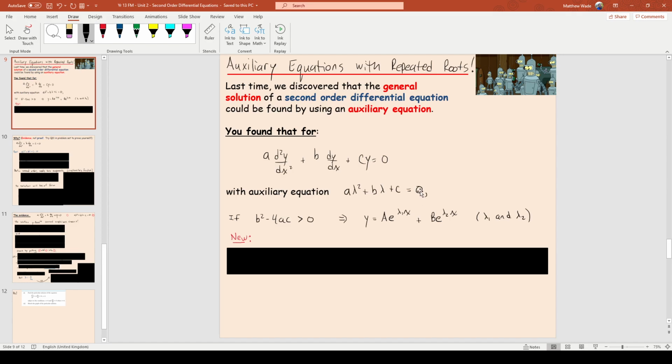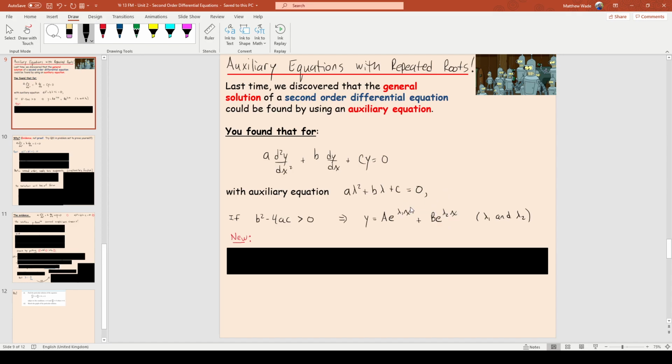Now, here's the thing. You then solve the auxiliary equation, and what we discovered last time was that you'd get two answers out, lambda 1 and lambda 2, and they ended up being put into the general solution like this. The general solution was some constant times e to the lambda 1 x plus some constant times e to the lambda 2 x. Your two roots were represented there.